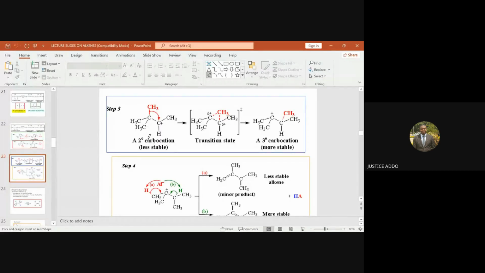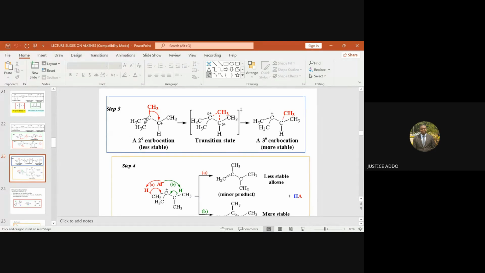If a secondary carbocation is less stable, then we can only make it what? A tertiary carbocation, which is the most stable one. Now, there are 2 ways we can do that. You can either shift an adjacent hydrogen, or an adjacent alkyl or methyl group.